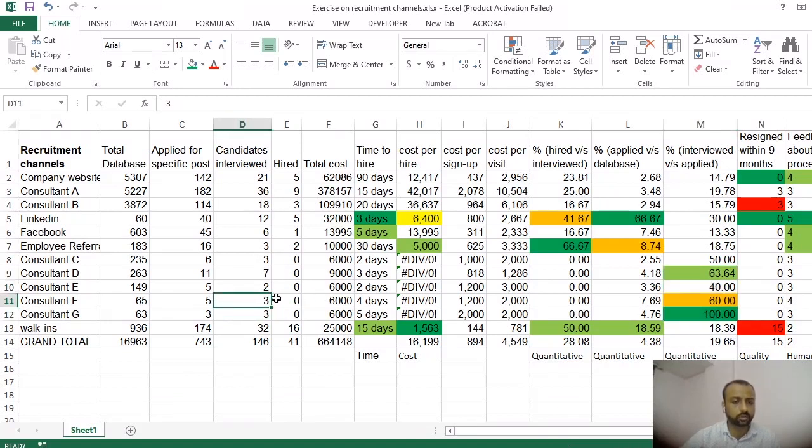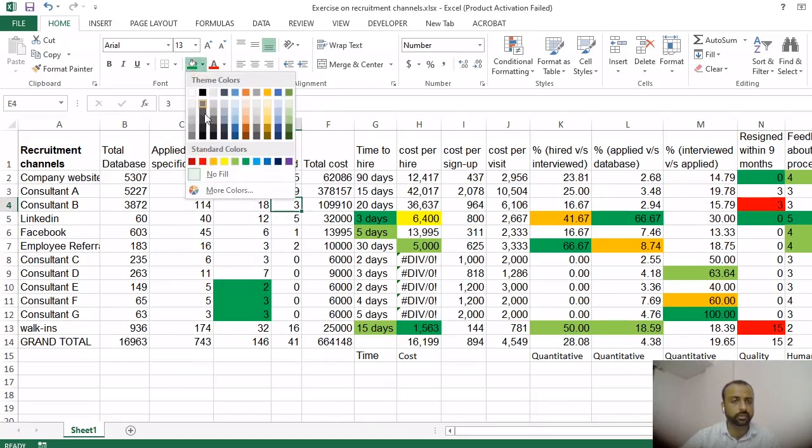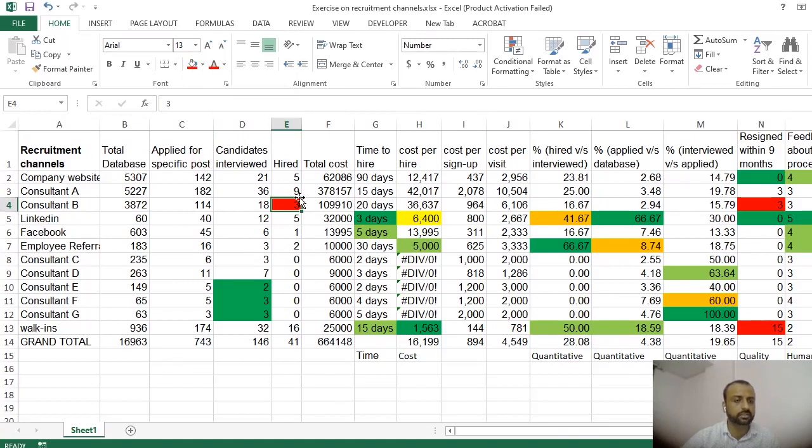All 3, or 3 out of 5 and 2 out of 5 have been shortlisted. So now this is a good indication for me. Maybe next year I may give them a chance. But consultant B is looking like a bigger pain. Out of 3 hired, all 3 resigned. So I may not like to give this consultant a chance.